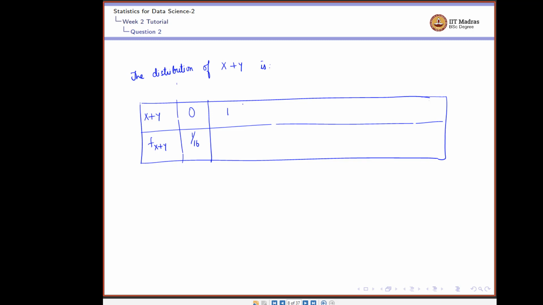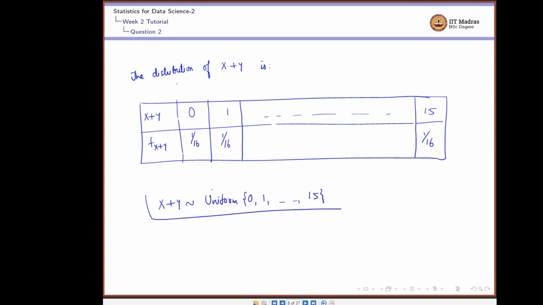Taking the value 1, we have probability 1 by 16. Up to x plus y taking the value 15, we have the probability 1 by 16. So we can write that x plus y is uniform in 0, 1 up to 15. So this is your answer.